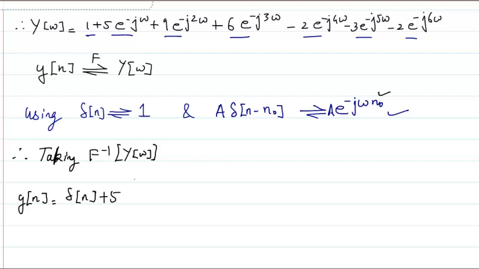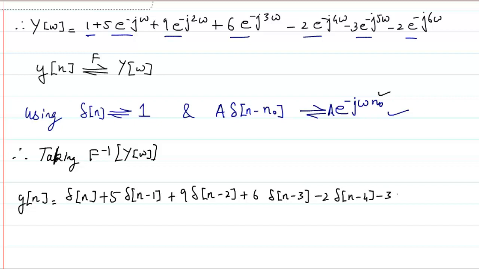What is the value of n naught here? N naught is equal to 1, so 5 delta n minus 1 plus 9 delta n minus 2 plus 6 delta n minus 3 minus 2 delta n minus 4 minus 3 delta n minus 5, and finally minus 2 delta n minus 6.